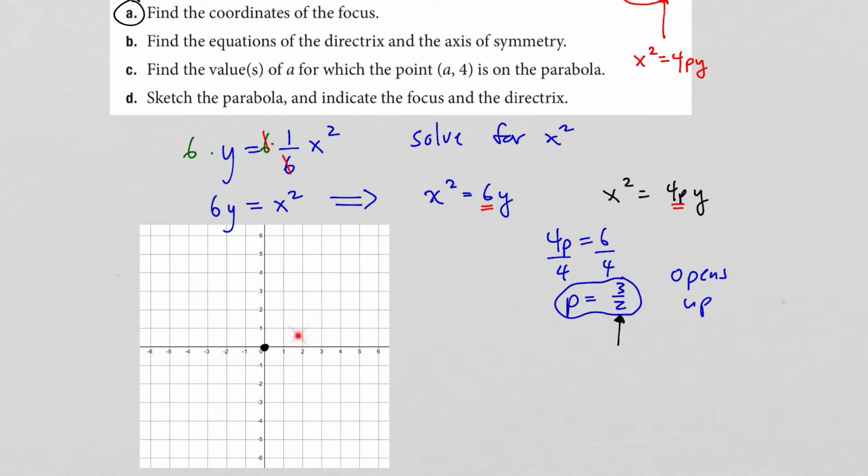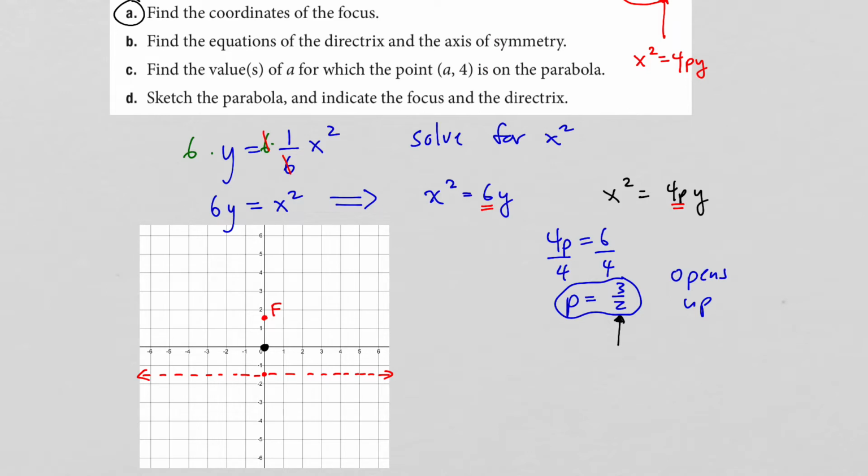The focus is always on the interior of the curve of the parabola. So the focus has to be here, 1.5 units away from the vertex. The directrix has to be on the other side, the same distance away. So the directrix is this line, and the focus is this point, which I should label F for focus.